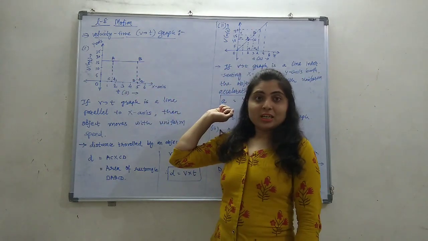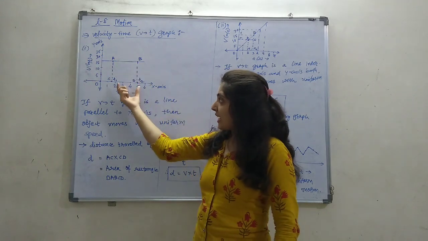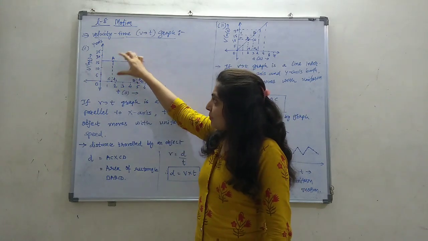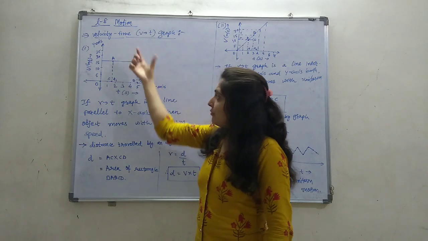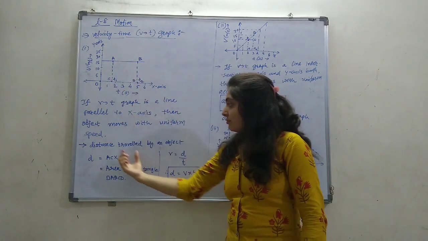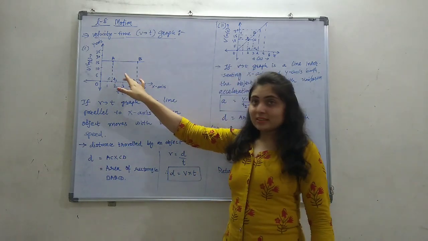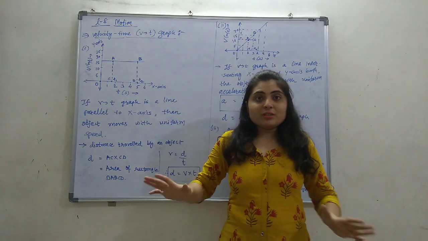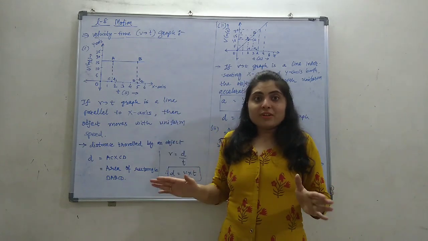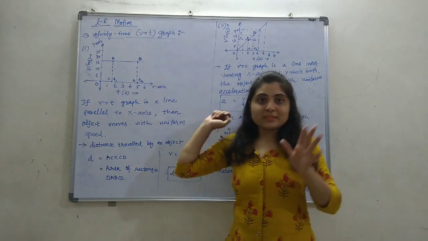In this graph, we get speed from the y-axis and time from the x-axis. If we multiply velocity with time, it will give distance. So in this case, let us say I want to find the distance traveled by the object from point A to point B.